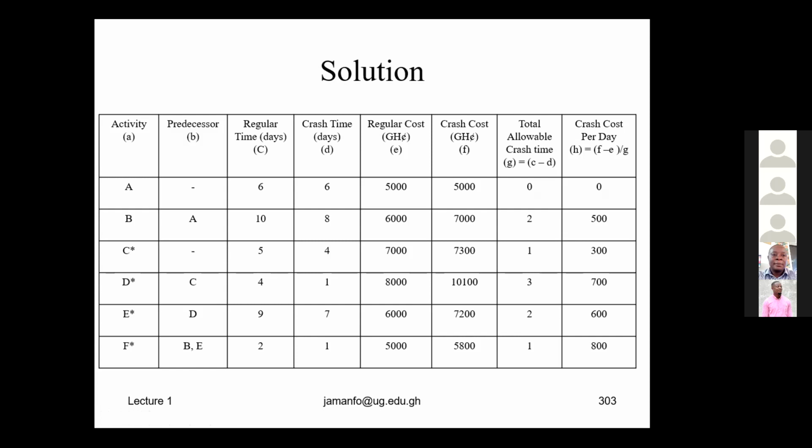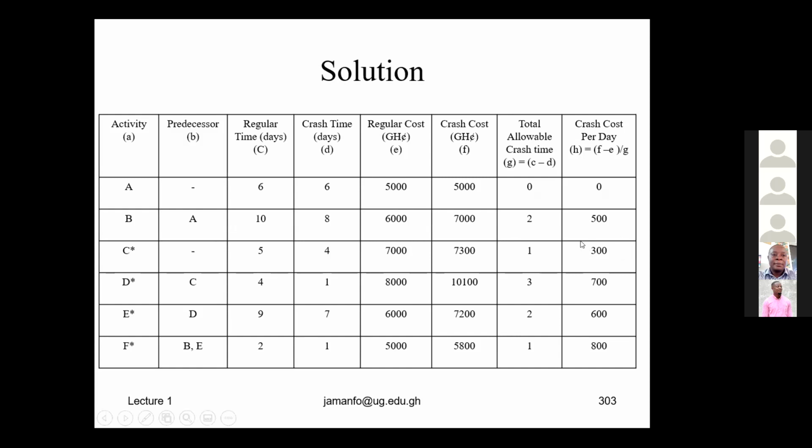What I mean was, if an activity is precedent to the other, it means that one must be done before the other one. So here, from the crash cost per day, we could see that 300 is minimum to 600.